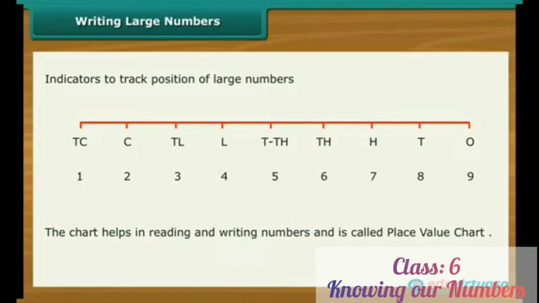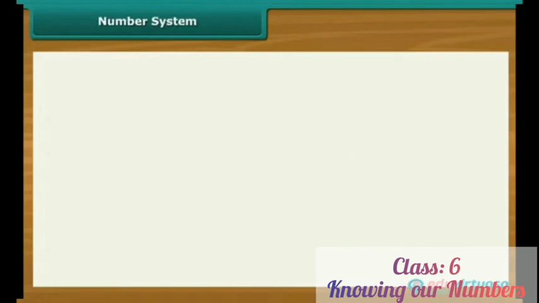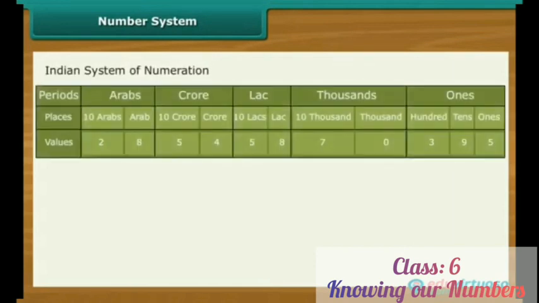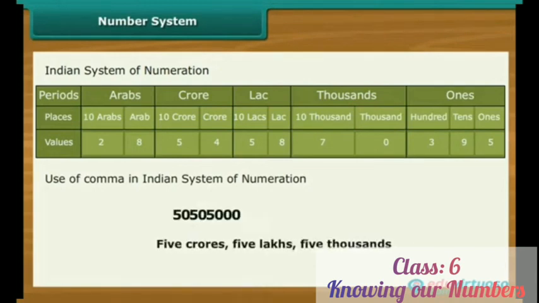Number system. In the Indian system of numeration, we use ones, tens, hundreds, thousands, and then lakhs and crores. Commas are used to mark thousands, lakhs, and crores. The first comma comes after the hundreds place, 3 digits from the right, and marks thousands.